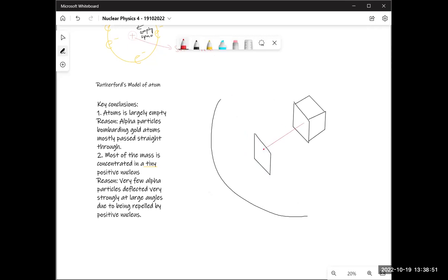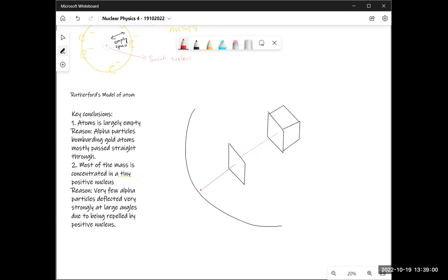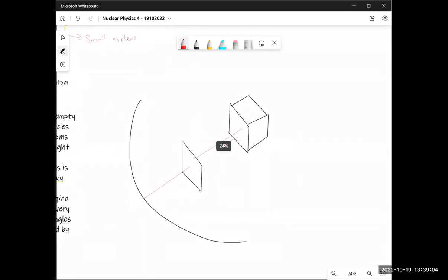So let's say these are alpha particles which you're throwing on this atom right here. And after that, it comes out like this.